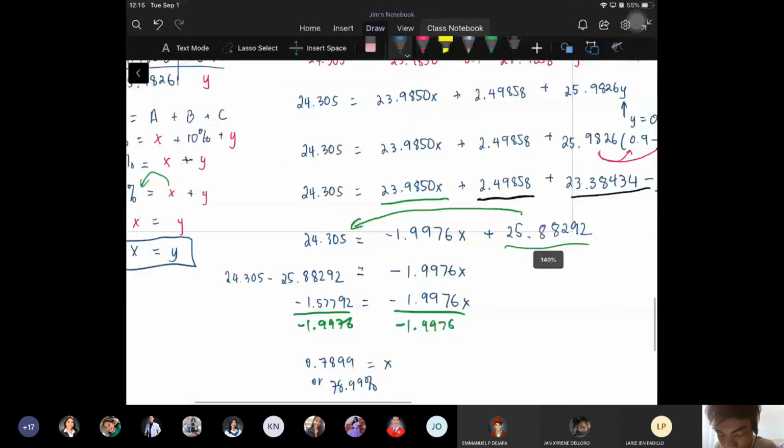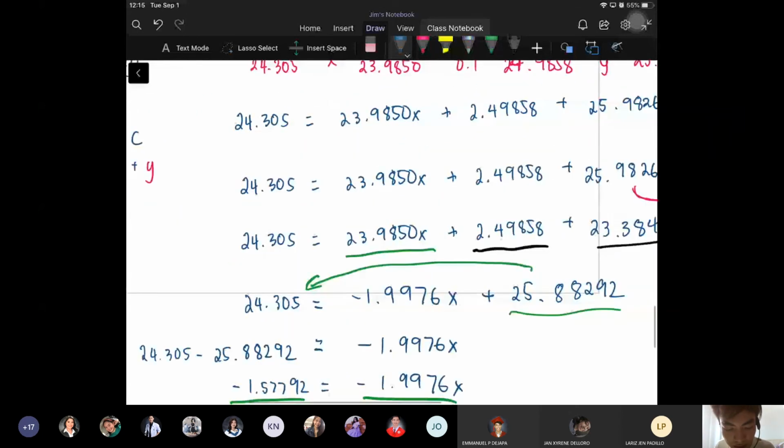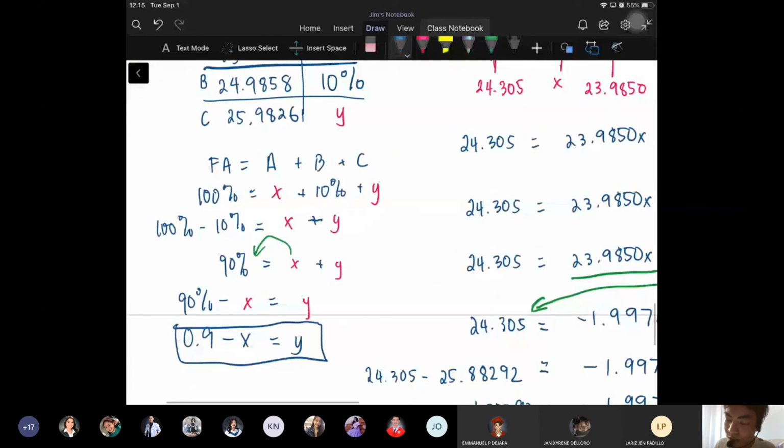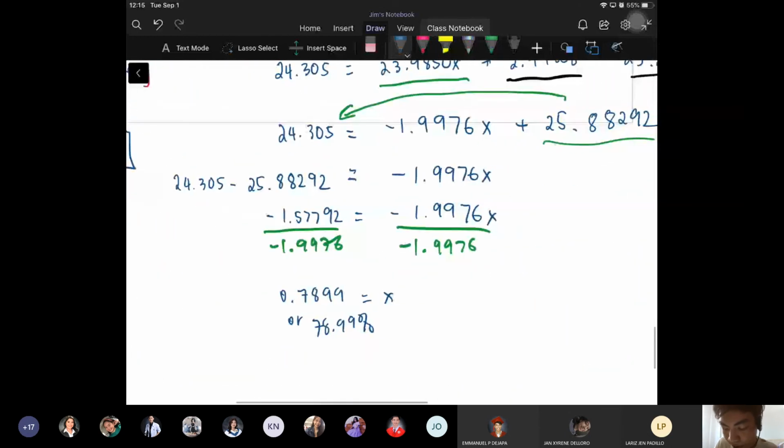If the value of x is 78.99%, what is the value of y? Because we substituted y. To solve for y, recall that y is equal to 0.9 minus x.